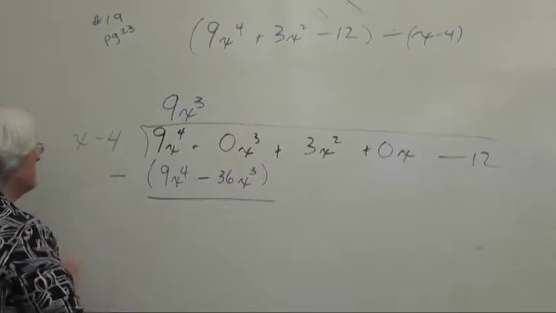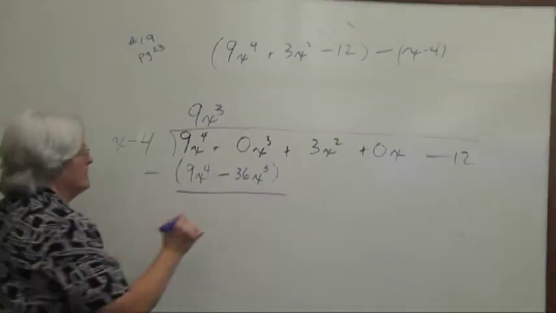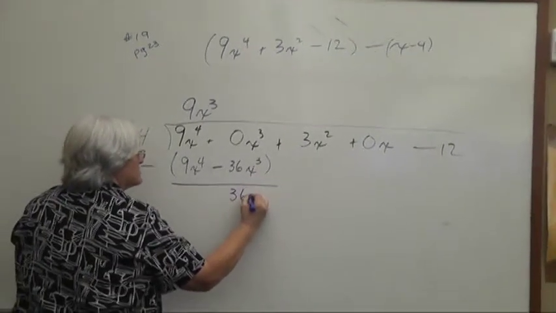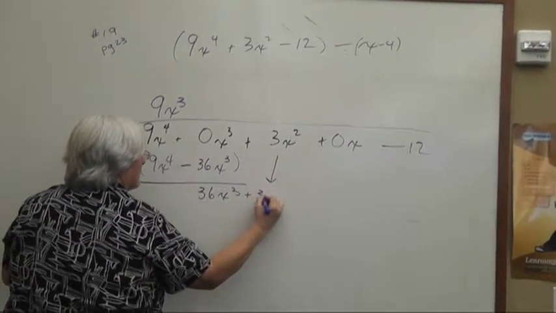We're going to subtract this. So we have 0 minus a negative. We now have 36x cubed. Going to bring down positive 3x squared.